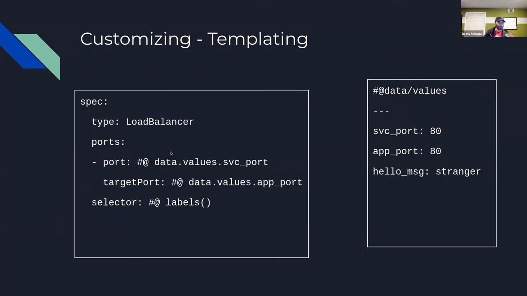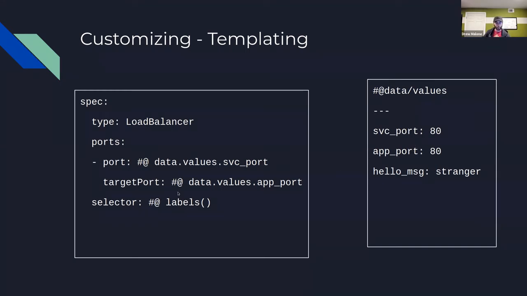That's what YTT, which is the next tool that we're talking about, a YAML templater, because we like being ironic when naming our tools, is. You'll see here the port is going to be assigned to the value for data.values.service port. And I'm supplying those over in my values file. So I'm telling it service port needs to be 80, the app port needs to be 80.